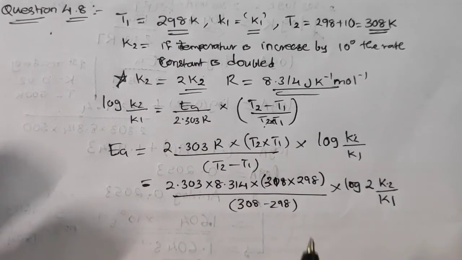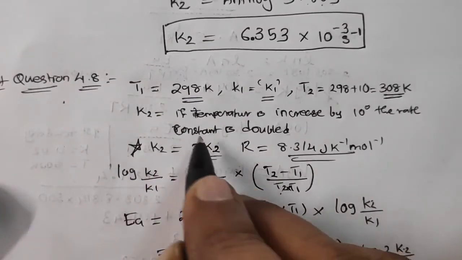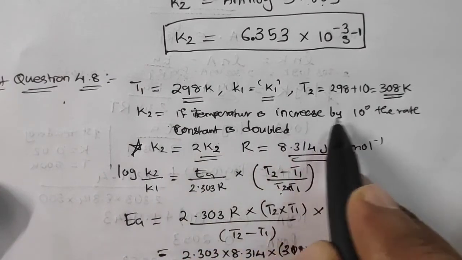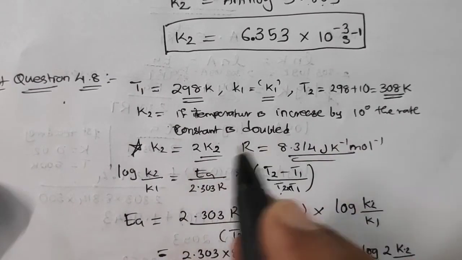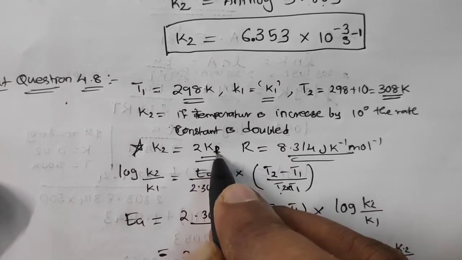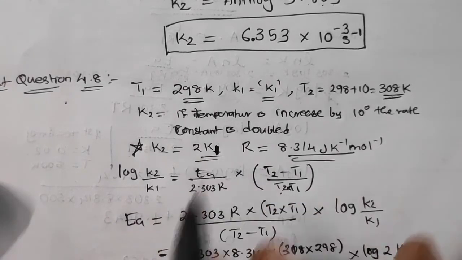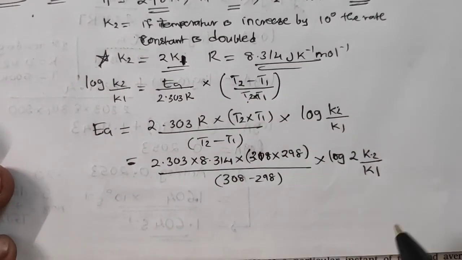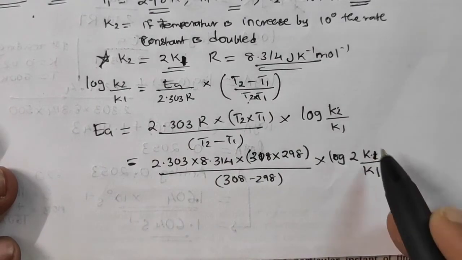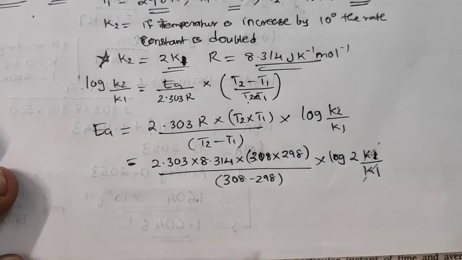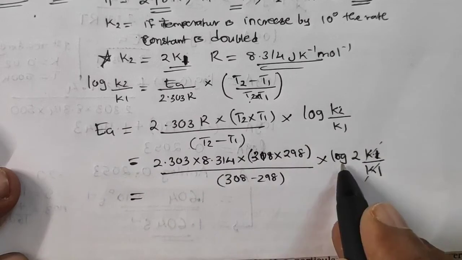One mistake we made here, look: if the temperature is increased by 10 degrees, the rate constant is doubled, meaning it is 2 times K1. So here it will be K1 in the denominator. Understood? So this K1 will get cancelled, and you have to find log 2.